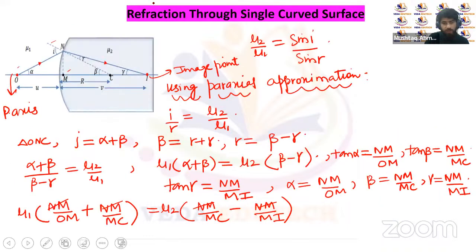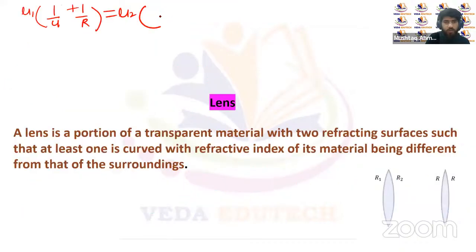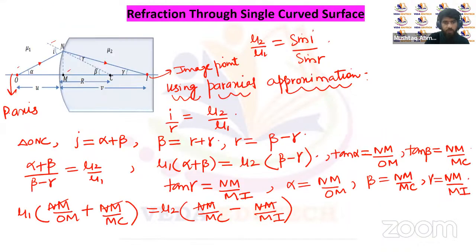Once again, beta is NM upon MC, and MC here is the radius of curvature. So 1 upon r, and we'll be left with minus 1 upon MI.